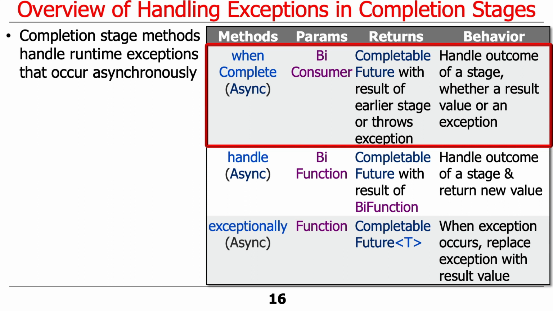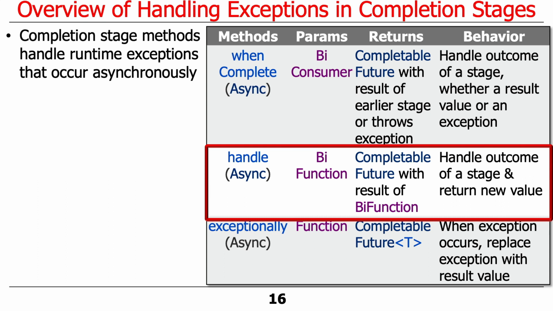The behavior is to handle the output whether the result is a good value because there was no exception or an exception. As we'll see when we look at the example, whenComplete just gives you a side effect. It doesn't really change anything. It just gives you a chance to note or perhaps log that something has taken place with respect to exceptions. So its value is somewhat limited.